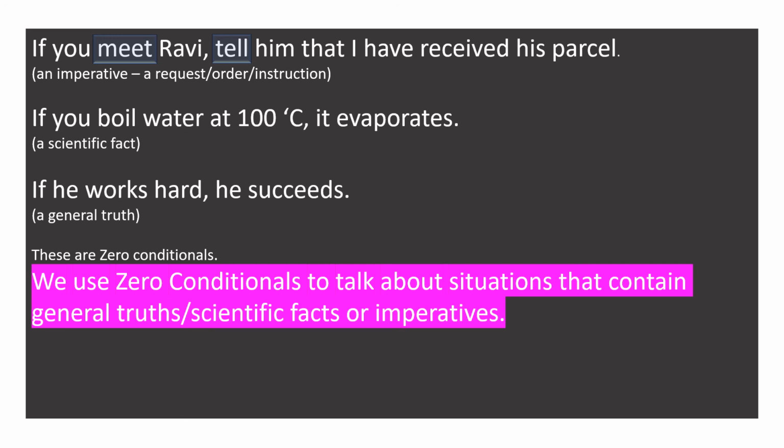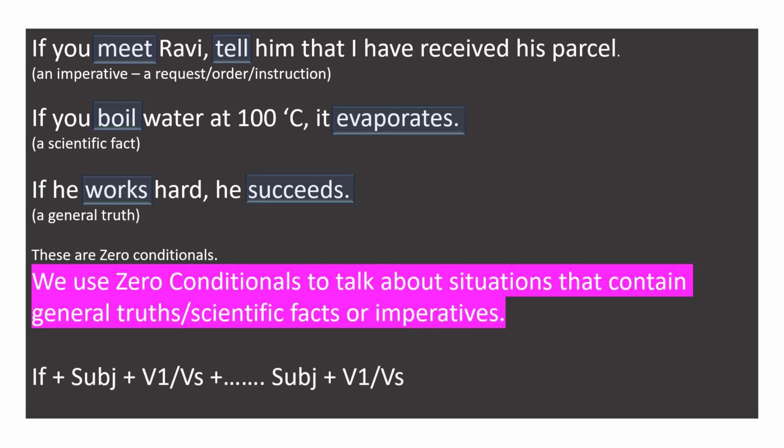Now come to the next sentence. In the if clause the verb is boil, in the main clause the verb is evaporates. And in the last sentence, works and succeeds. What have you noticed here? Yes, both in the if clause and main clause the tense is the same, simple present, V1 or V1s.